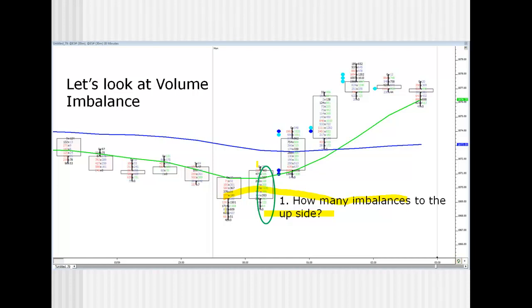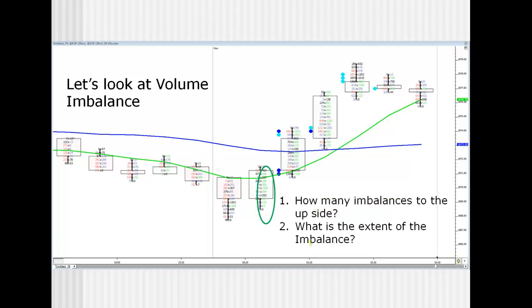If we have both of them about the same, then in fact we have an area of balance. We don't have a significant imbalance. Now, keep in mind though that you may end up with more green or more red, so there's another piece to this equation that you really have to keep an eye on, and that is what is the extent of the imbalance. The extent of the imbalance is very important.